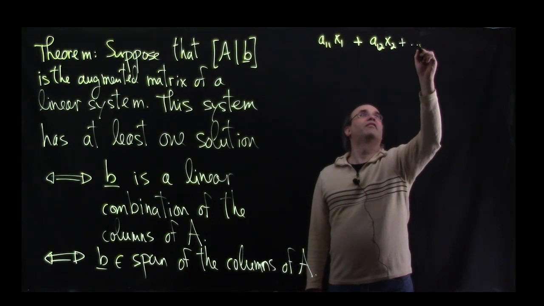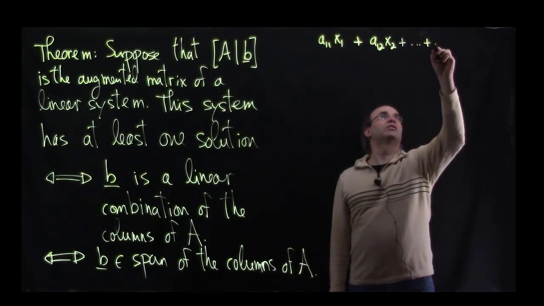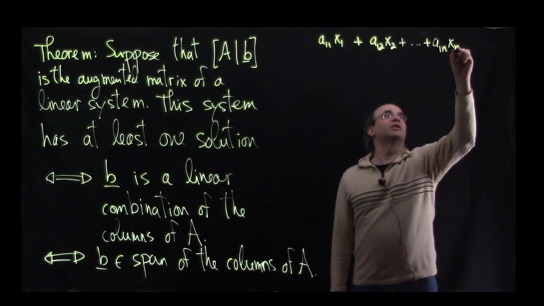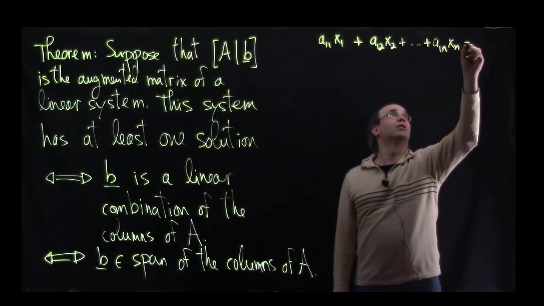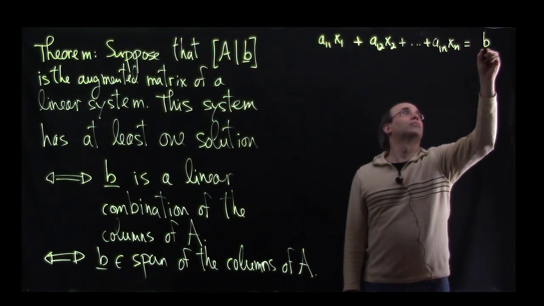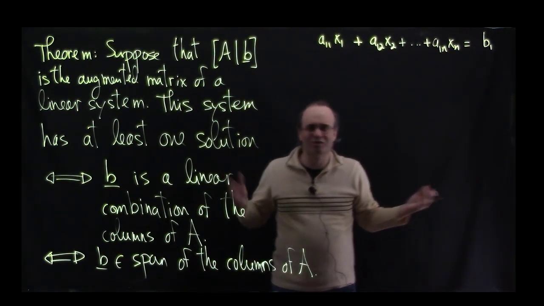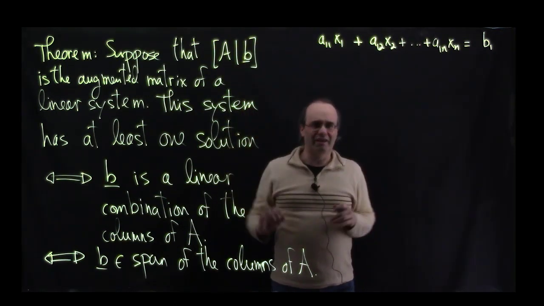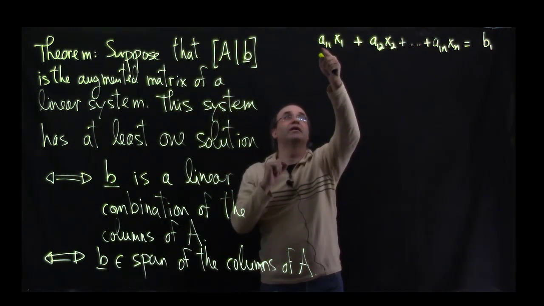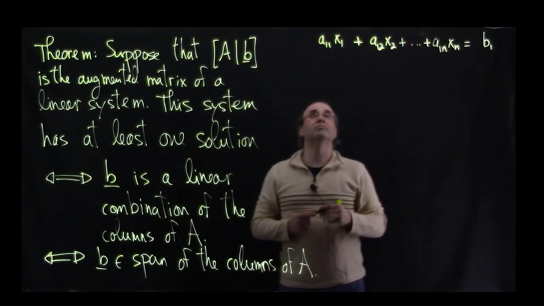If I assume that A has n columns, the last entry here will be a1n xn, so it means that there are n variables in the system. All this equals b1. So this will be the first equation of the system. I need to use a lot of letters because I don't know what A is precisely, but the entries of the matrix A are denoted by lowercase a with two indices to denote rows and columns.